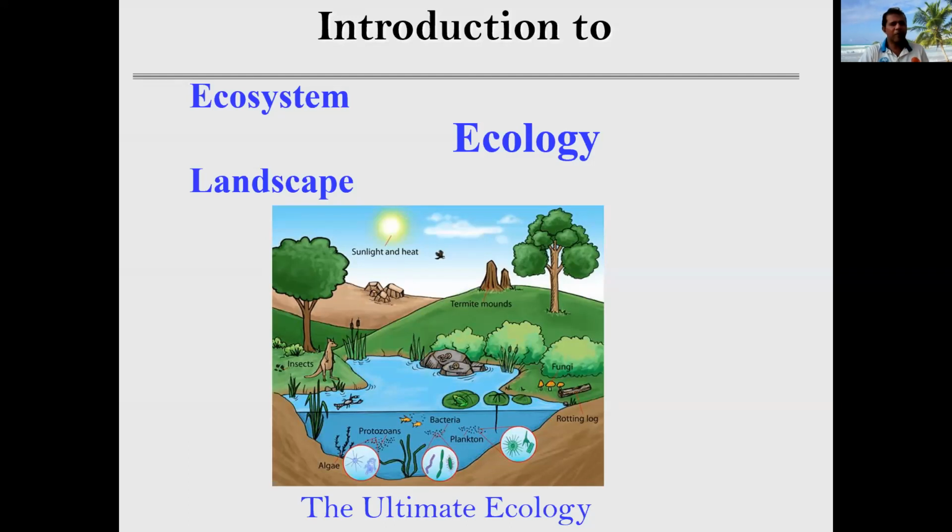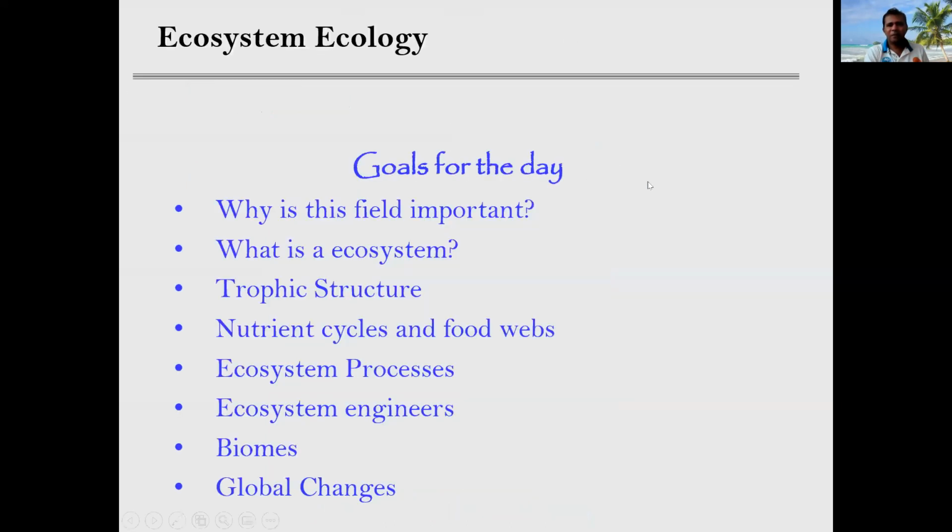That's what we have to look into as ecologists. So today we talk a little bit about ecosystems and landscape ecology, which is the realistic ecology that we would see in the environment, right?